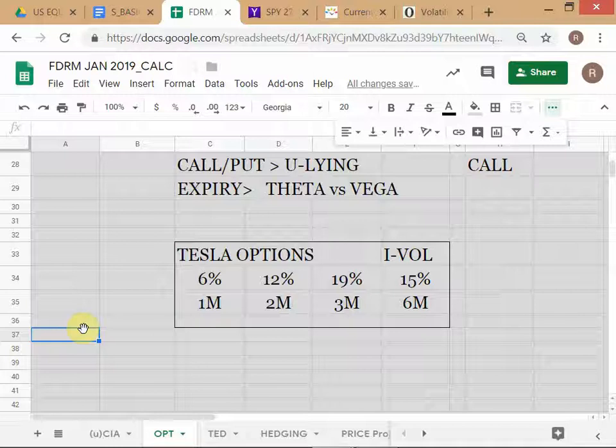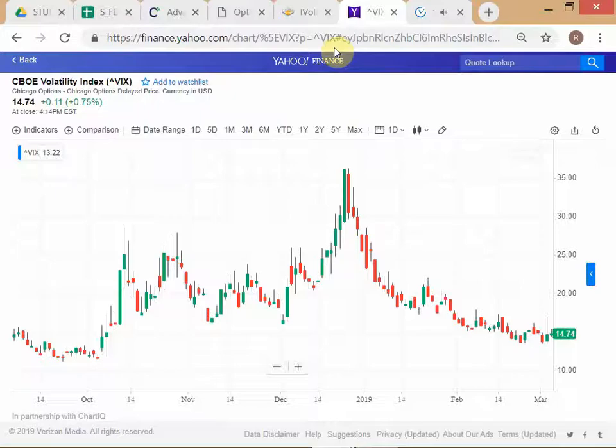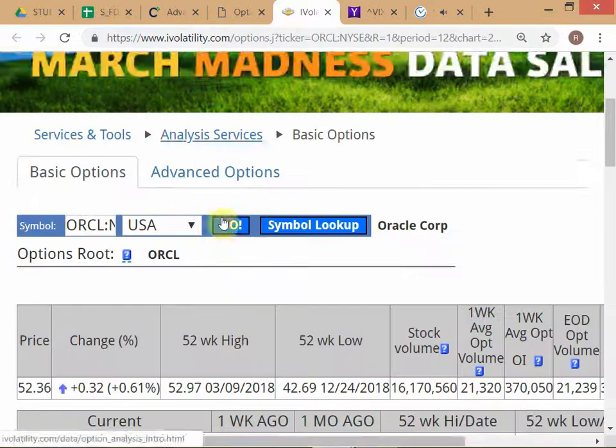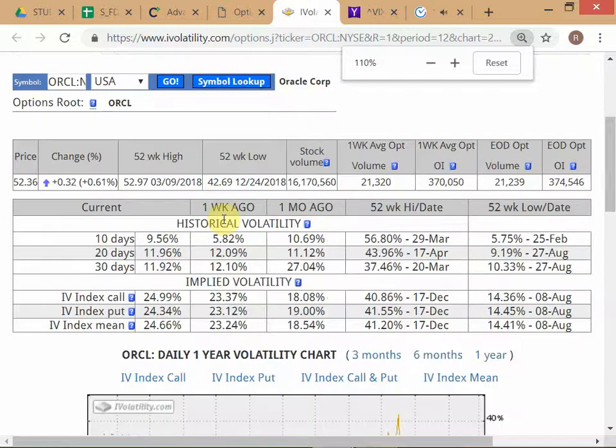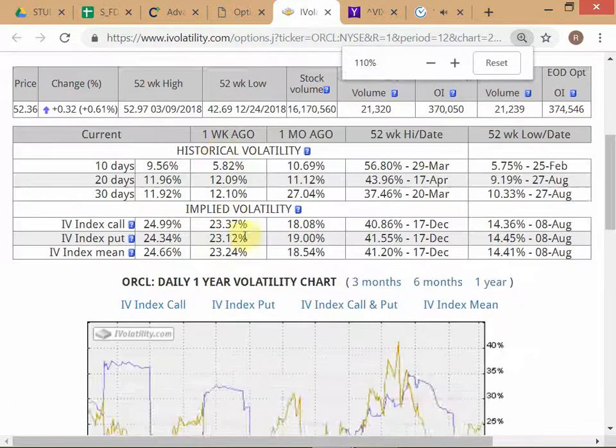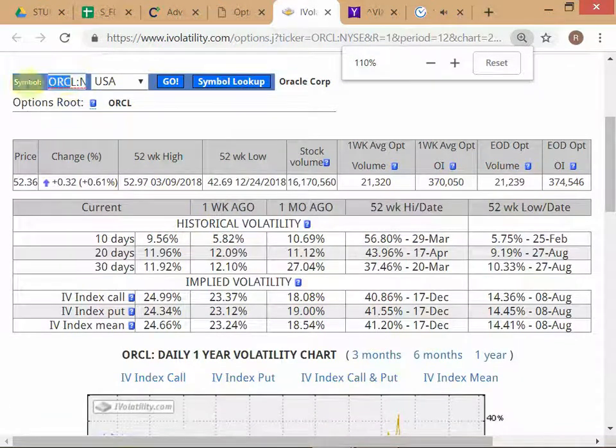What did I do? I looked at options on the common stock of Tesla, both calls and puts, and I computed an IVOL index, which we can actually look at. This is the chart ticker that is already there. Although Tesla is not one of your tickers, let's look at this.